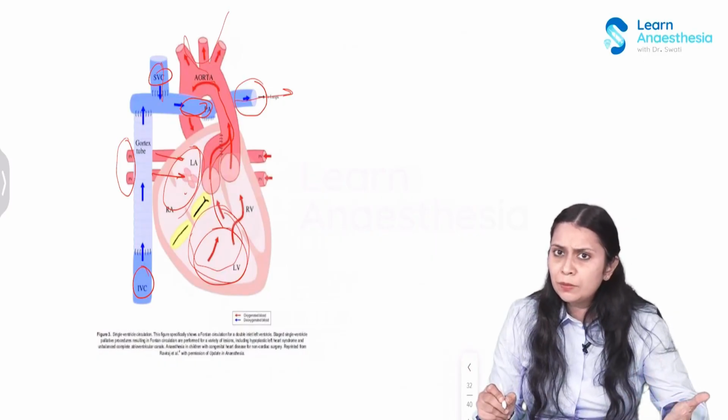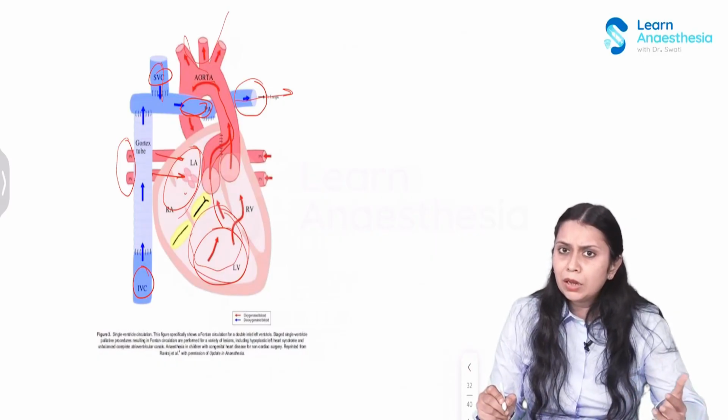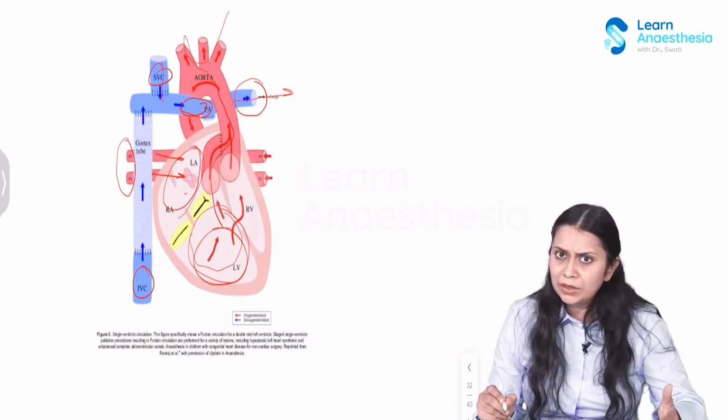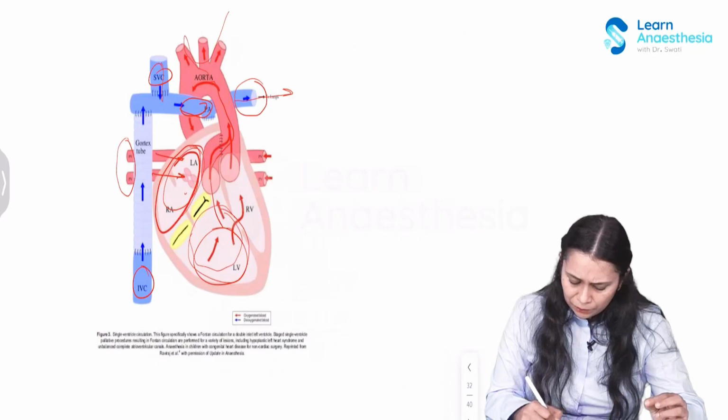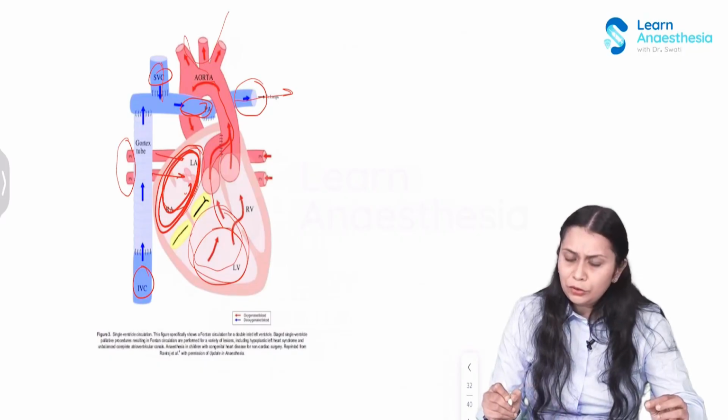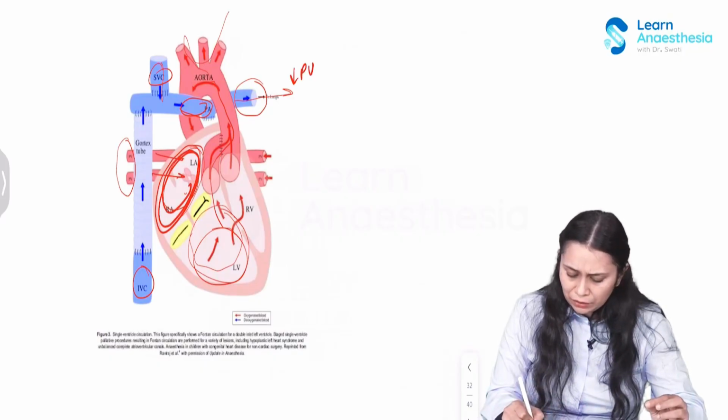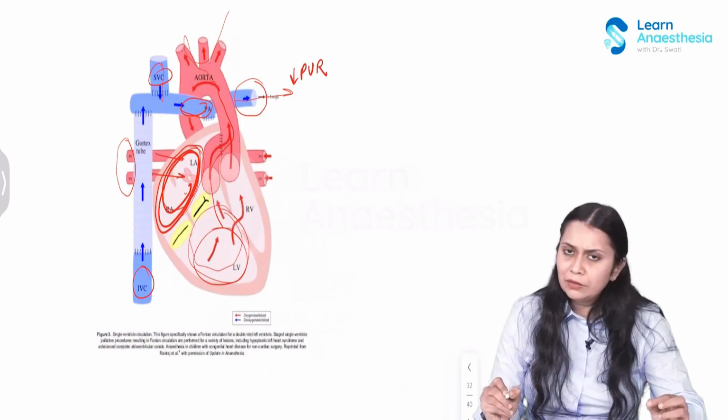The greater the transpulmonary gradient, the less blood will flow in the pulmonary vasculature. So we have to keep the left-sided pressure low, and we have to decrease the pulmonary vascular resistance.